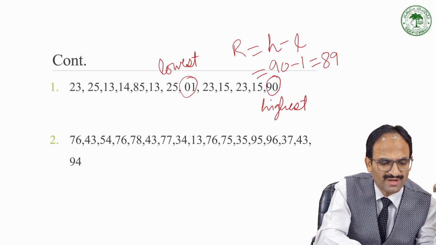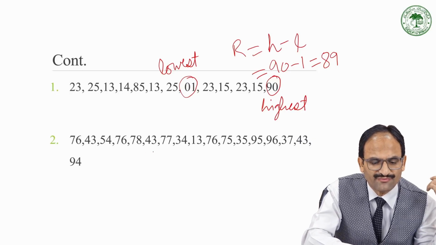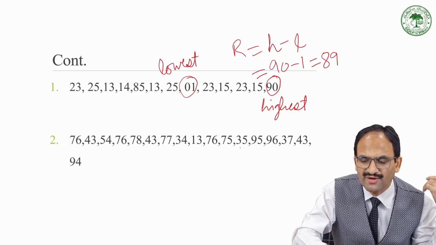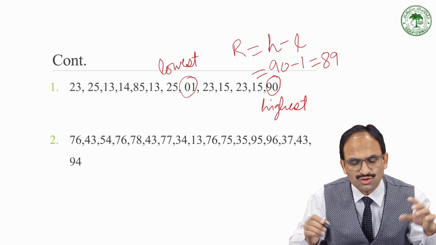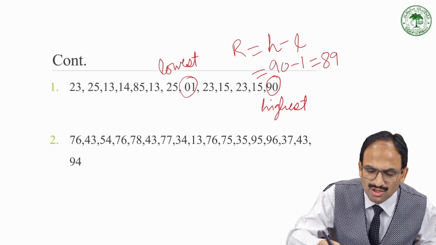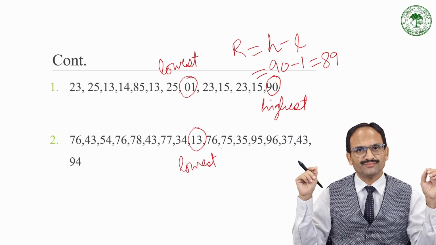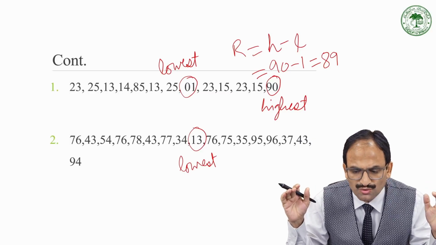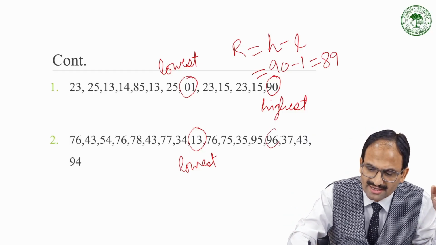So, see the data: 76, 43, 54, 76, 78, 43, 77, 34, 13, 76, 75, 35, 95, 96, 37, 43 and 94. So, by going through this data, you will find that 13 is the lowest score, whereas the highest one, I think, is 96.